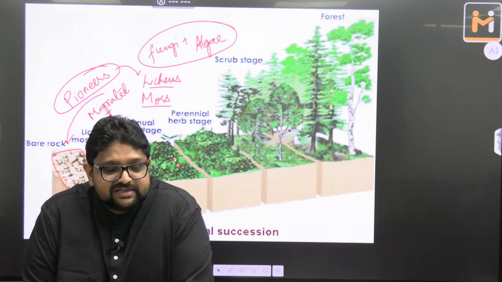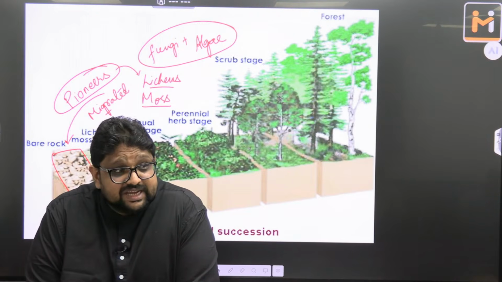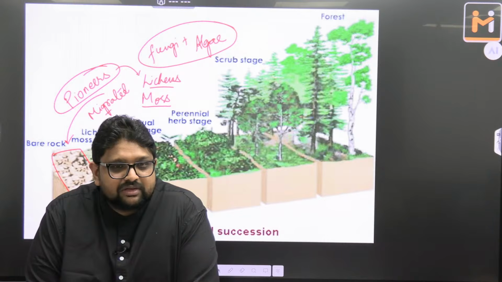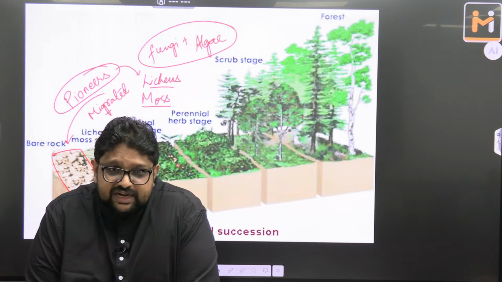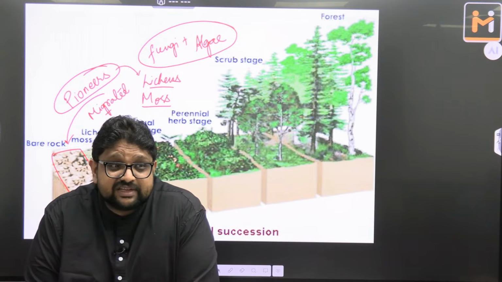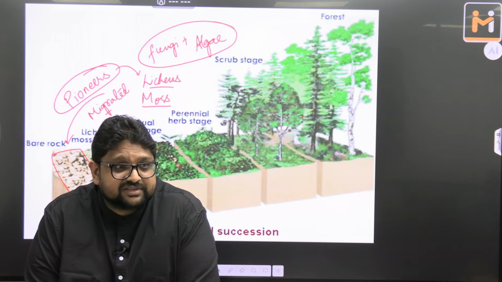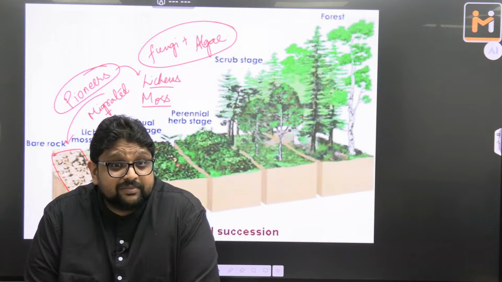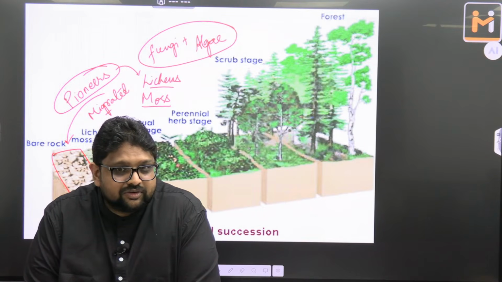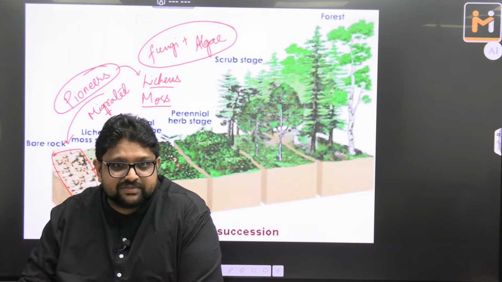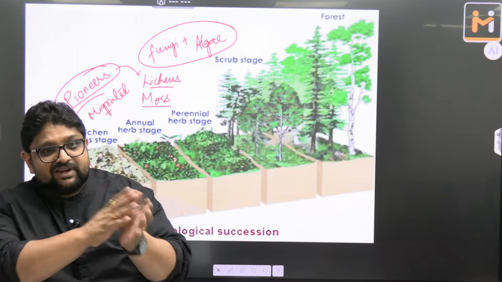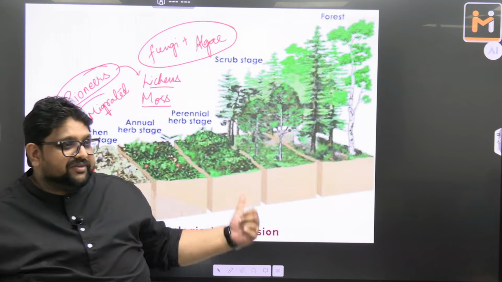Their multiplication will again lead to change in that soil, because leaves shed and fall down, and the roots will enter and change the soil structure and texture. The soil becomes more favorable. The more favorable it becomes, it will invite a new category of plants. They will come and succeed the previous ones.